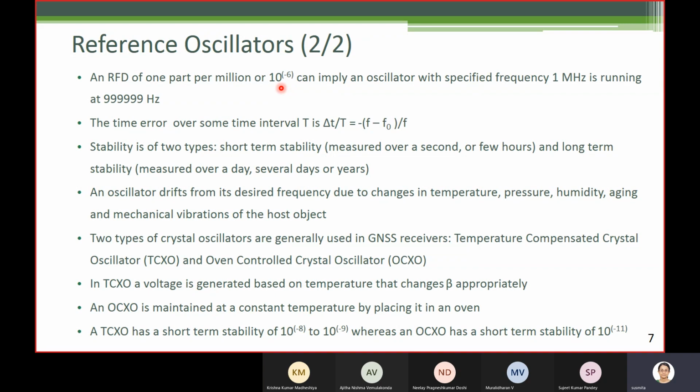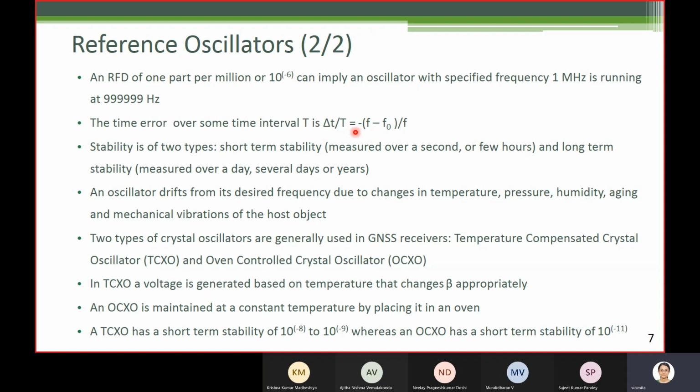Now, since we keep track of time by counting the number of oscillations, any deviation in frequency from the desired value would reflect in time, right? It will result in an error in time as well. We proved the relationship between time error and frequency error in the class.